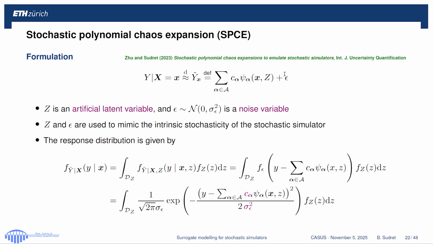And another question: the psi alpha, these are usually some orthogonal polynomials like Chebyshev, and the coefficients you then estimate by some kind of quadrature or something. No, that's the point. In the history of polynomial chaos expansions, first of all, there was what people call the stochastic Galerkin method, which was intrusive with the PDEs. Then some 20 years ago, people moved to something non-intrusive, with the idea that if you have a solver and you want to make the parameters stochastic, you don't want to rewrite your solver.